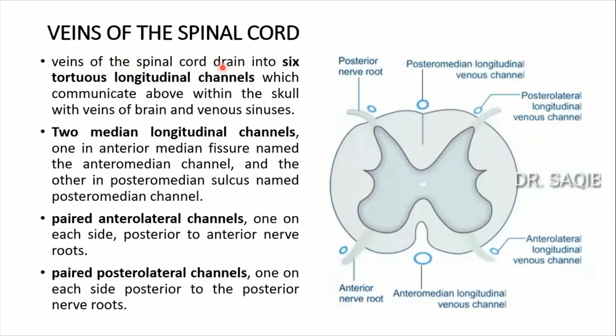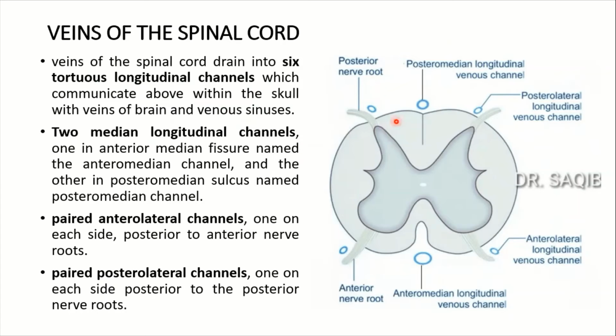So now the venous drainage, the veins of the spinal cord, right? You can see 1, 2, 3, 4, 5, 6. So the veins of the spinal cord drain into 6 tortuous longitudinal channels, which communicate above, within the skull, with the veins of the brain and the dural venous sinuses.